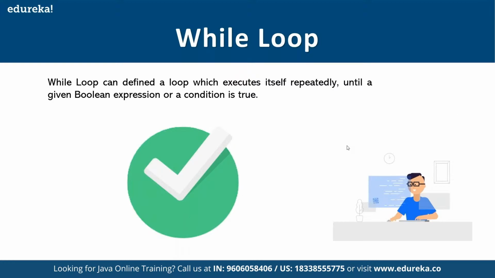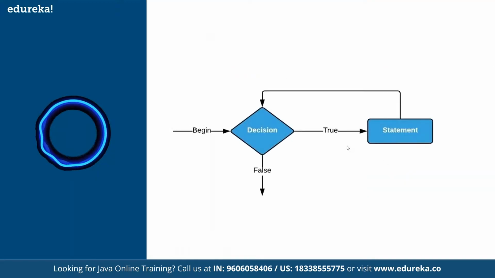This is how the while loop would look like. We begin, we check the decision, and once we check the decision, we execute the group of statements.